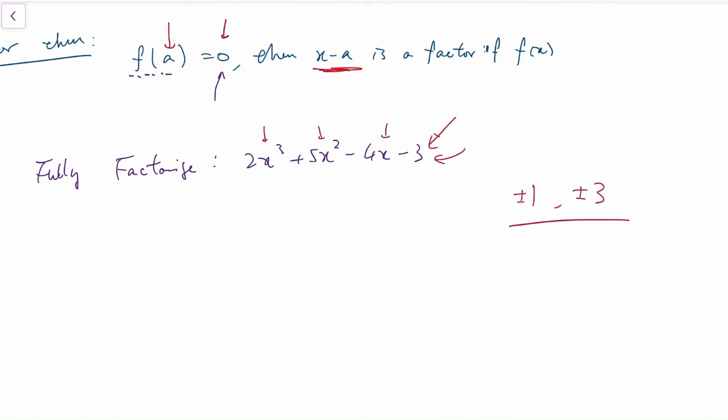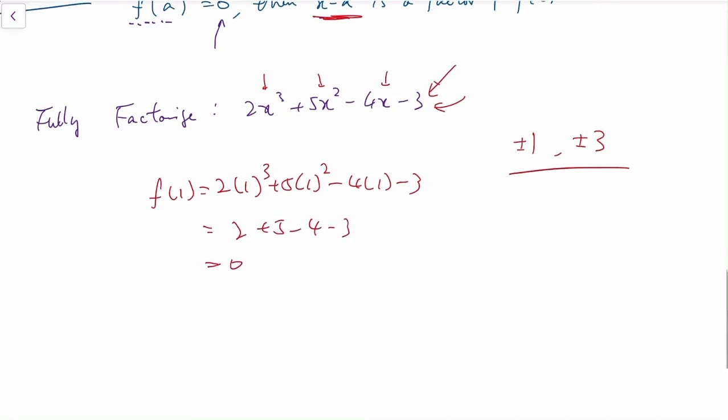Usually you don't have to tell the examiner the numbers that fail. You try one by one, get the one that works, and only write down the one that works. It should be obvious that 1 would work, so we'll say f(1) equals this. For the one that works, you want to show that it really works. So it's 2 plus 5 minus 4 minus 3, and that's really 0. Therefore, x minus 1 is a factor.